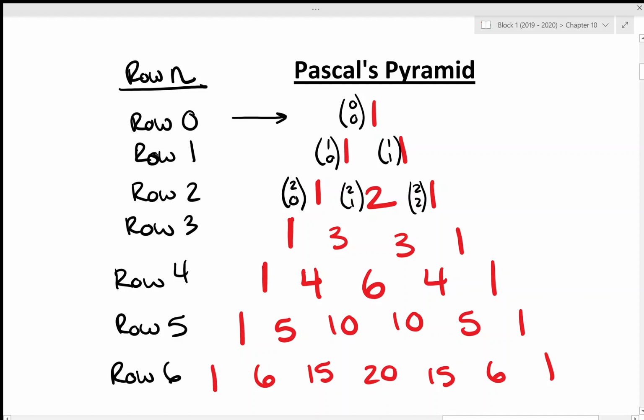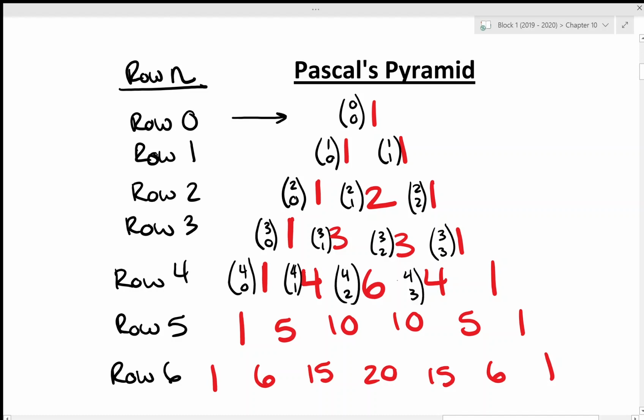You will get these answers. Then same here, 3 above 0, 3 above 1, 3 above 2, 3 above 3, 4 above 0, 4 above 1, 4 above 2, 4 above 3, 4 above 4. These are all the answers you would get.